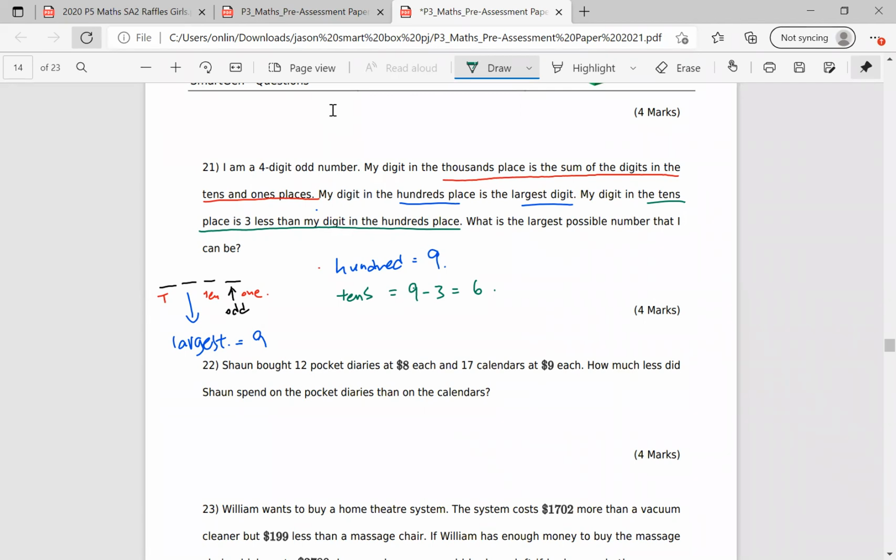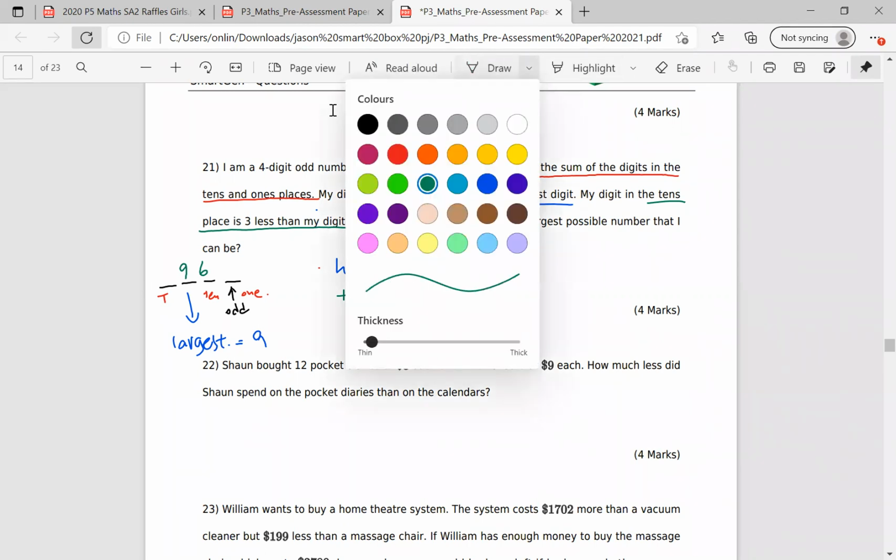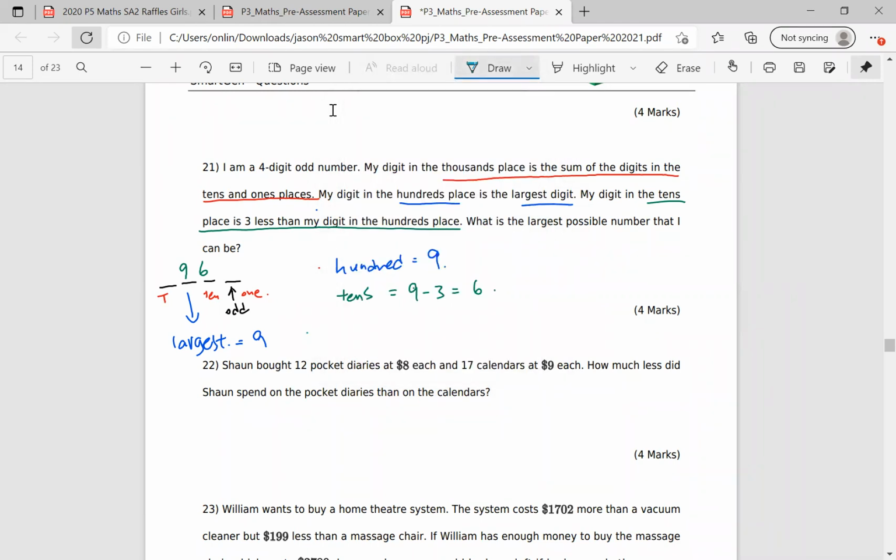With 9 and 6, the 10 and 1 must add to give me the 1,000 digit. For the odd digit, the highest possible is 3, because 3 plus 6 gives me 9 in the thousands place already, and it cannot go higher than 9, otherwise I'd have 10,000.